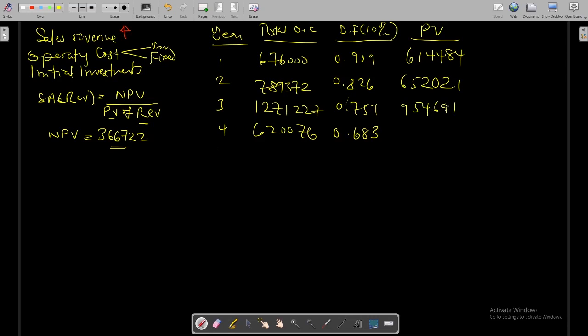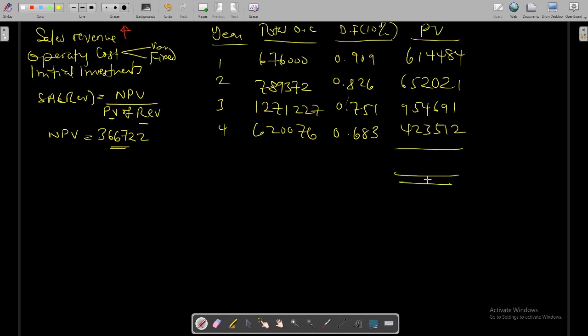And the next one is 0.683 multiplied by 620,076. That one will give us 423,512 to the nearest one.